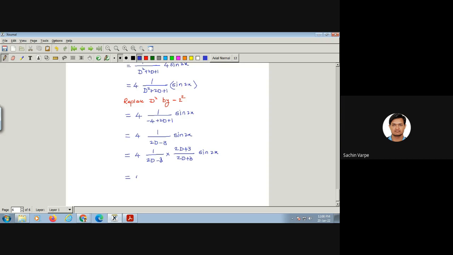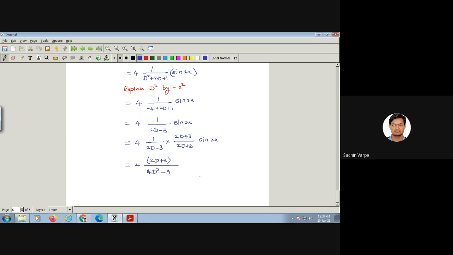So that is equal to 4 into क्या होगा ये? 2D plus 3 upon (a minus b) into (a plus b) क्या होगा? a square, that is 4D square minus 9, isn't it? a square minus b square. I hope this step is clear. That is operated on sine 2x.